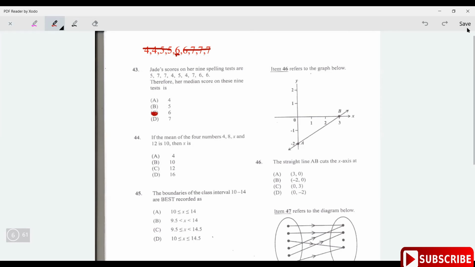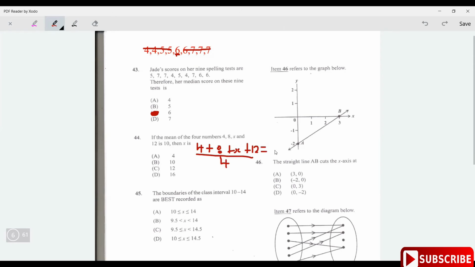Easy question. Question 44. If the mean of the 4 numbers 4, 8, x and 12 is 10, then what is x? So now you have 4 plus 8 plus x plus 12, and when you divide that by 4, it tells you that the mean is 10.